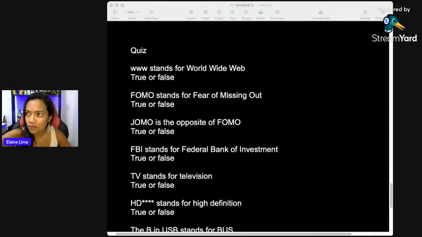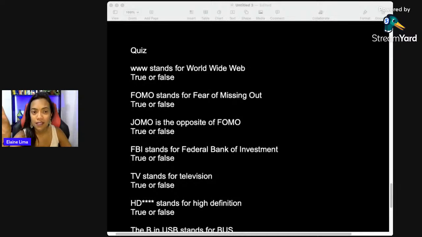The next one, let me put here for the guys to see. Yeah, the picture here is not good, but okay, let's see. FBI stands for Federal Bank of Investment.